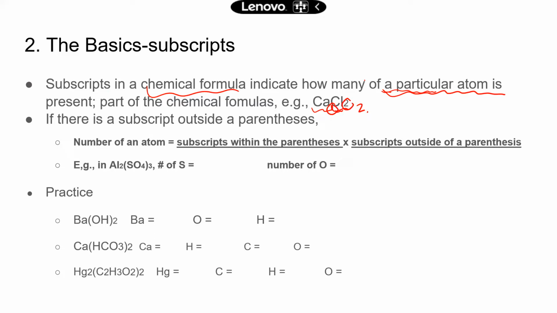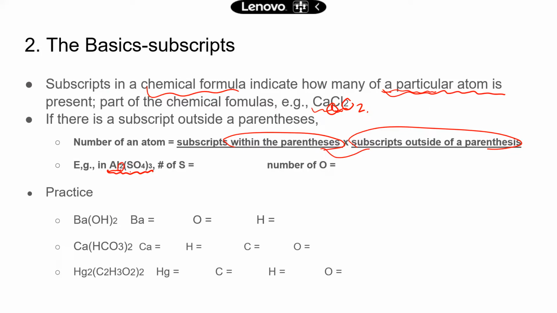Now, sometimes you will see subscripts within parentheses and subscripts outside a parenthesis. In that case, when you calculate the number of an atom, you need to multiply the two numbers. I have another example here, aluminum sulfate. You can see the subscript for aluminum is definitely 2, and that's pretty straightforward.